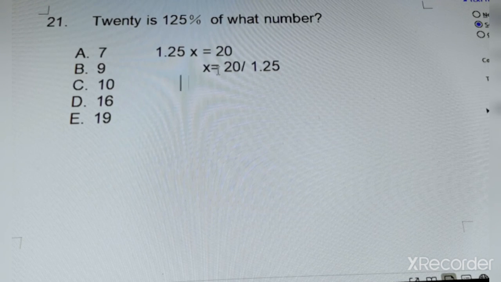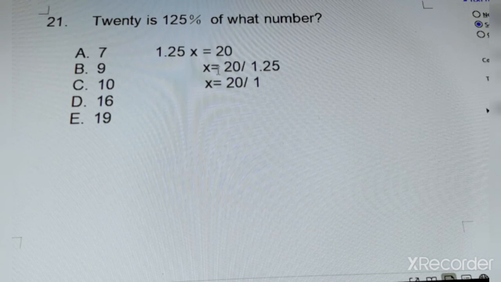Next, x equals 20 over 1.25, which is 1 and 1/4.